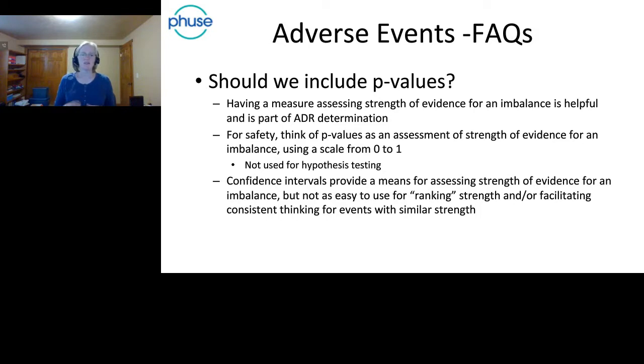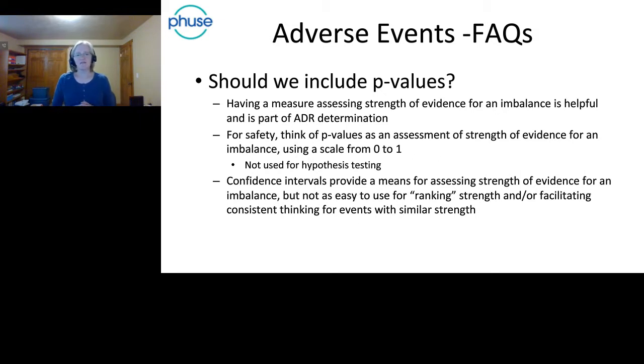You have to think of these p-values as just a number between 0 and 1 that gives you an idea of how strong your evidence is for an imbalance with placebo. So they're never used for hypothesis testing, unless, of course, the study is designed for a particular safety outcome. But in most of our cases, we're talking about studies where that is not the case.